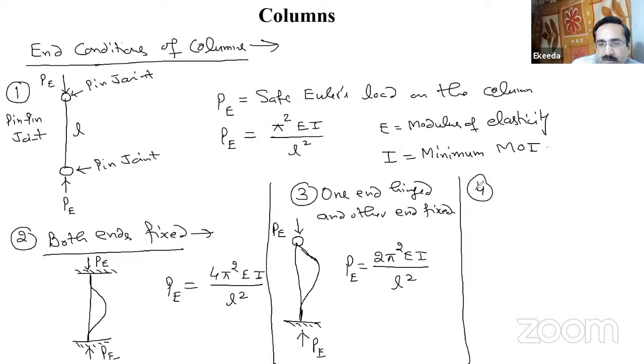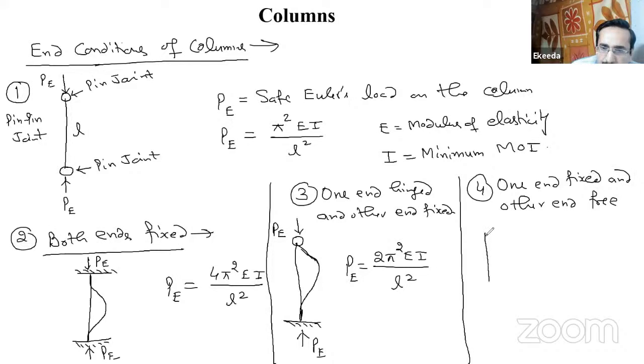And let us take the fourth case. This is called one end fixed and the other end free. Although there may be many cases, we are taking these 4 cases. So one end is free and the other end is fixed like this.